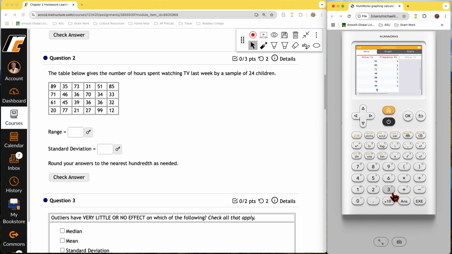It's just a little tedious, maybe a little boring, but as boring as having to calculate the standard deviation by hand. And if you calculated it by hand with this amount of numbers, there's a high likelihood, at least if you're like me, of making some errors. 36, I guess I could have said there was 2 of those, but regardless, it all gets entered.